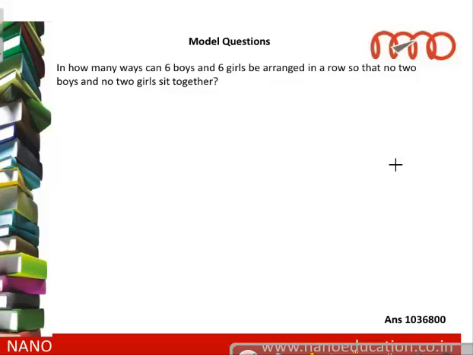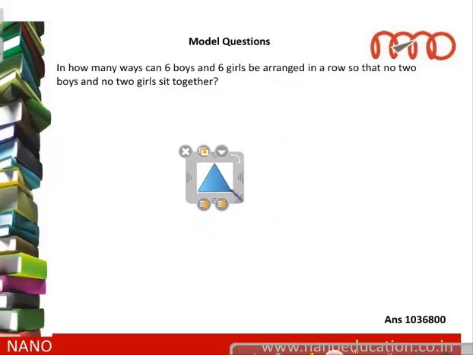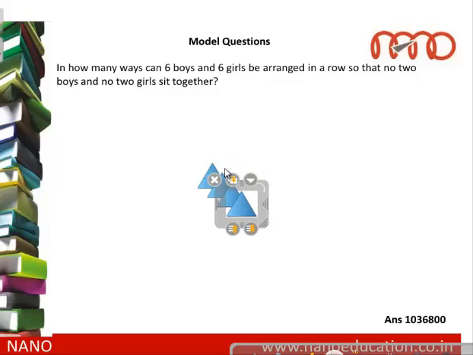Let's say boys are these blue triangles. We have 6 boys. Let us arrange them.